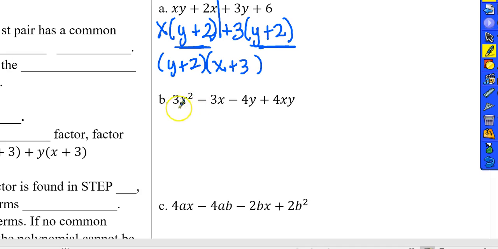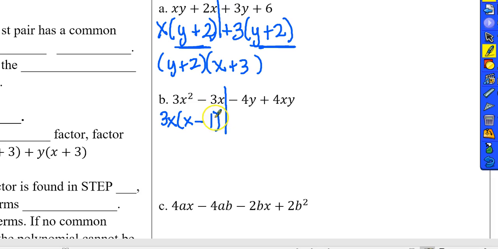All the way across. Something in common? No. They don't all have x's, and they don't all have y's, and 3 and 4 only have in common a 1. So we're going to cut it in half. Looking at the front, what do they have in common? 3x times x minus 1.